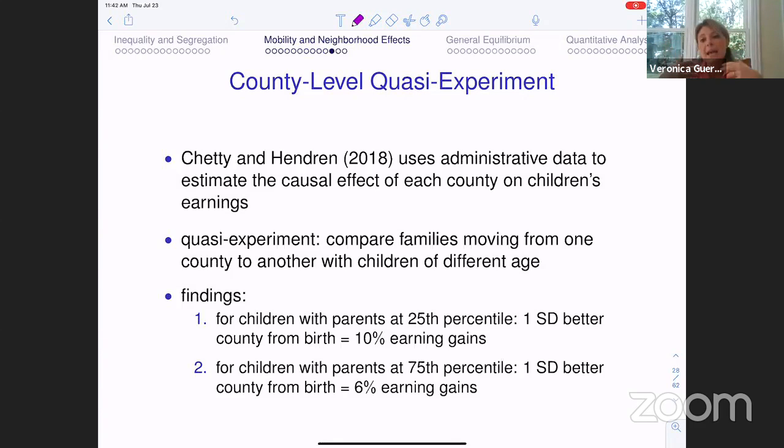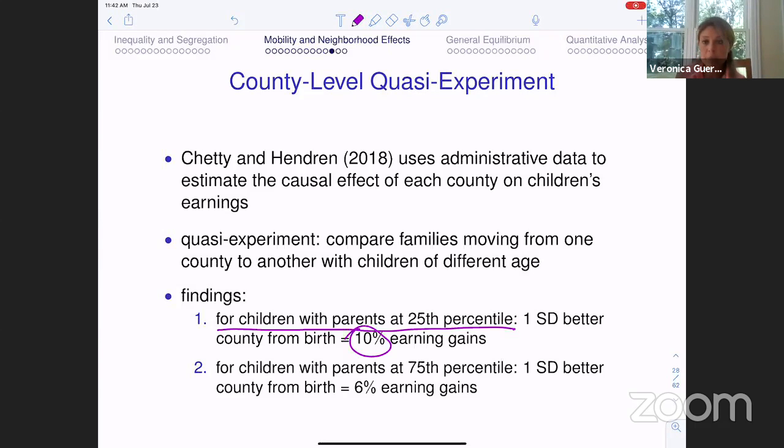And from there, they can back out the effect of the exposure to the neighborhood, as if they had moved there when the kid was born. And what they find is that for children with parents at the 25th percentile of the income distribution, so the poor family, moving to a county 1 standard deviation better from birth will give a 10% earnings gain when they grow up.